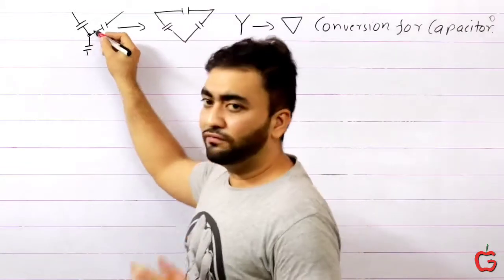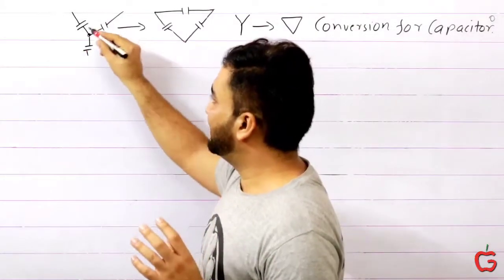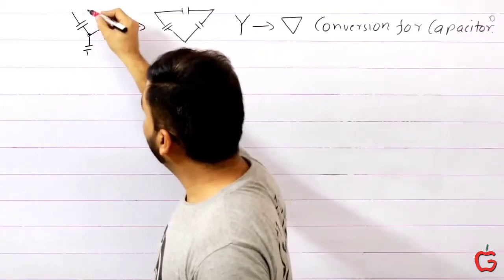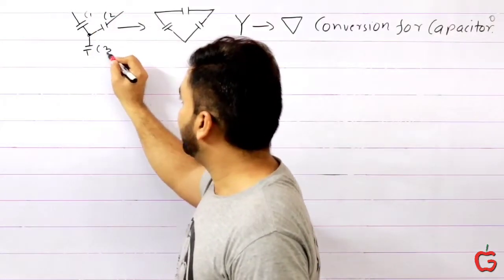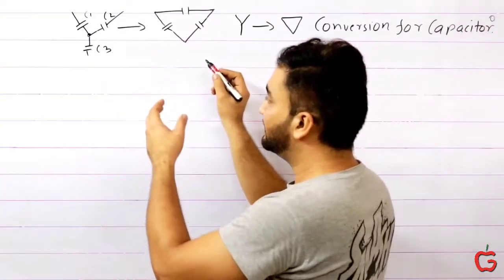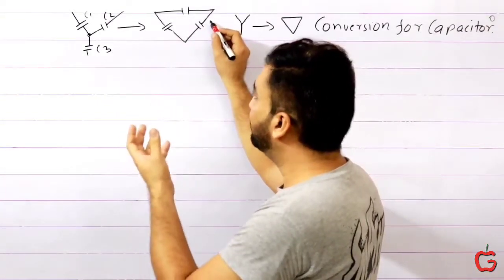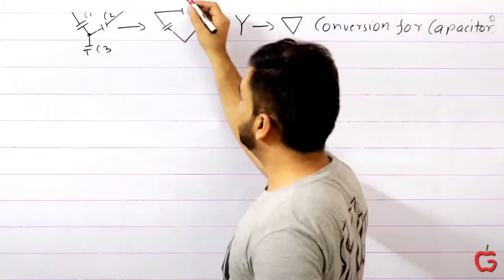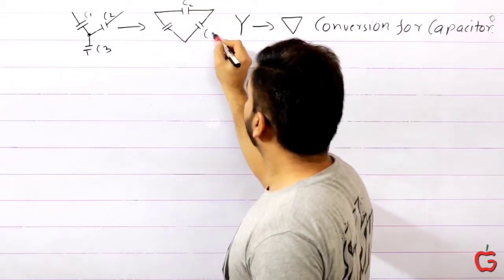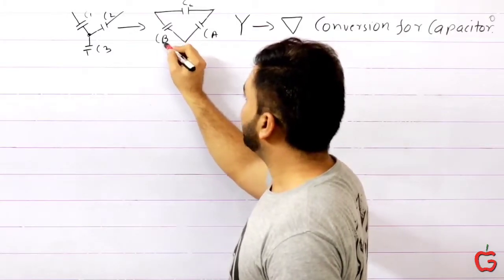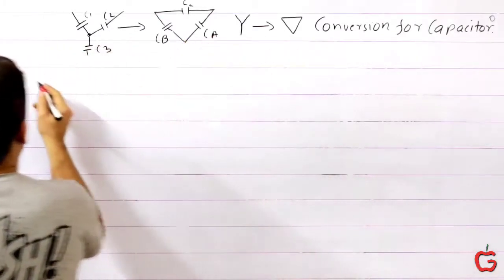So again, we are going to find a junction having 3 capacitors connected. Let's call them C1, this is C2 and C3, and we are going to convert this into a delta or a triangular arrangement of capacitors. So this is CC, CA and CB. So the formula goes like this.